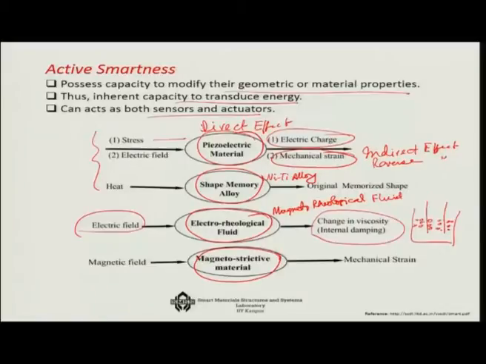Now the magnetic field can also be used to generate mechanical strain, and that happens for a group of materials like Terfenol-D, terbium, iron, and some amount of dysprosium can actually bring this change. So there are a whole lot of smart materials which manifest these types of very interesting changes.